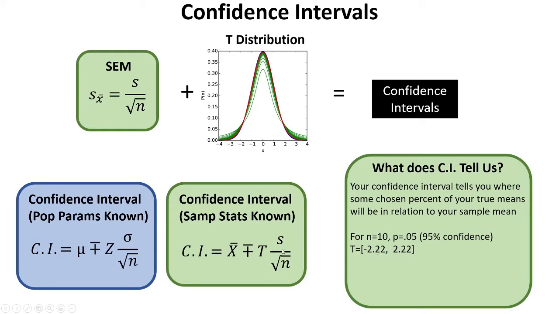So negative 2.22 times the standard error of the mean, up to 2.22 times the standard error of the mean, plus or minus, right? Within this range, there's a 95% chance that you will find the true mean of this given sample. So 95% of the time, your true mean will fall plus or minus 2.22 standard errors of the mean of x bar. So we have this pretty well established. I think everyone has a firm understanding of this.